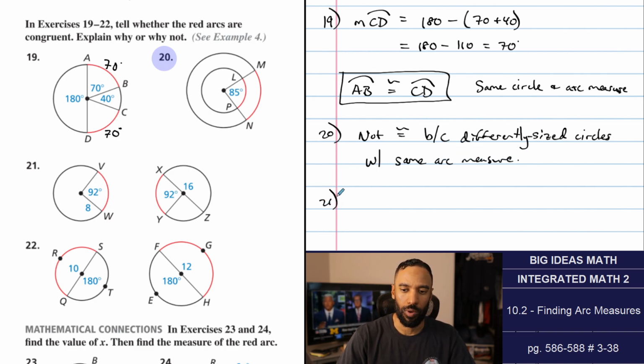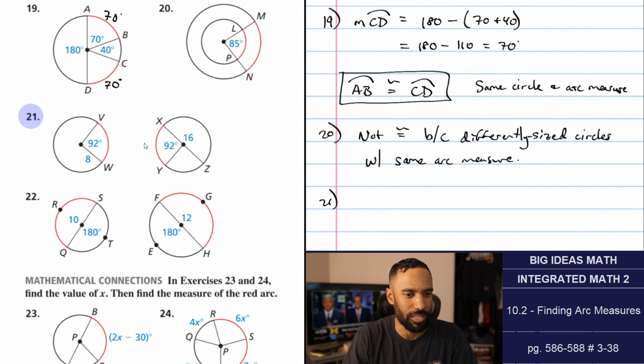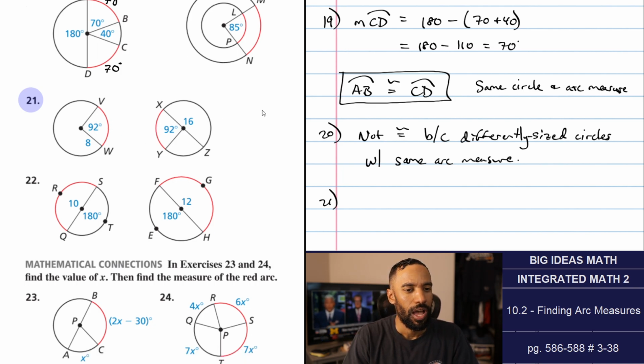All right, number 21. What are they asking us? Tell whether the red arcs are congruent. Oh, I didn't see those two different circles. So this one here, they show a radius of 8, and in this one they show a diameter of 16. That means that this radius is congruent to this radius because they're both actually 8 here, right? And this would be 8 as well. Sorry, they marked that there. Now, they have a 92-degree central angle.